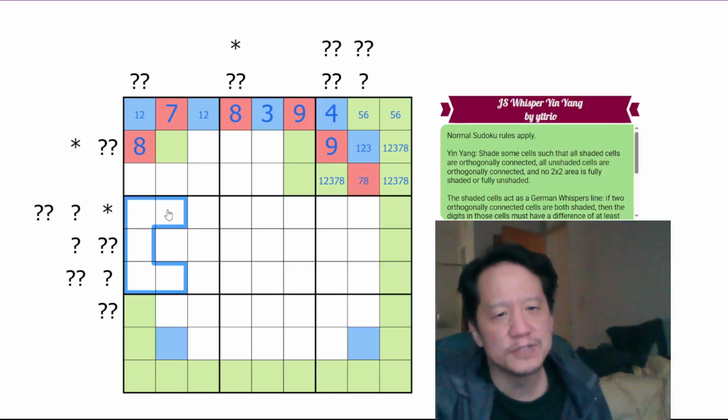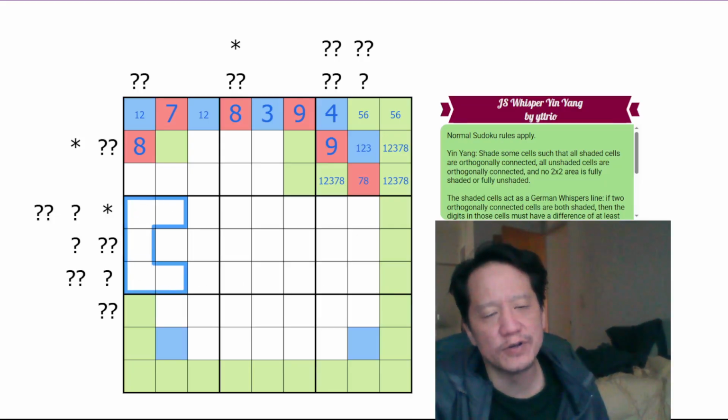So what happens if we have this scenario? So this would be red, blue, and red, which would force that to be blue, that to be blue there. 3 would have to be one of these two, and then 3 cannot be here because it would be guaranteed next to a 7 or 9.